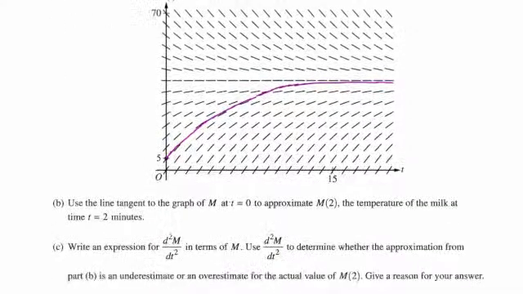Let's try part B. It says use the line tangent to the graph of m at t equal to 0 to approximate m of 2, the temperature of the milk at time t equal to 2 minutes. Okay, so for solving this problem, we know that at t equal to 0, the point is (0, 5), and we want to approximate. So we know dm/dt at this point (0, 5) is equal to 1 over 4 times (40 minus m).